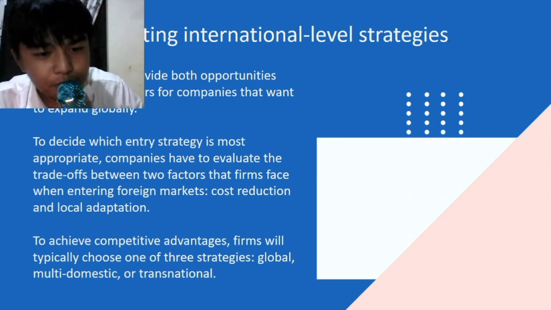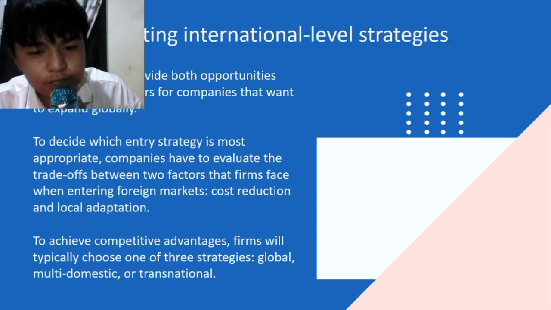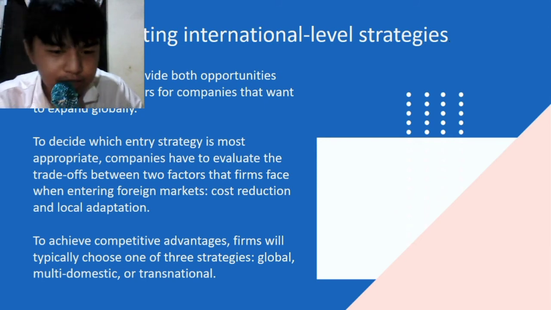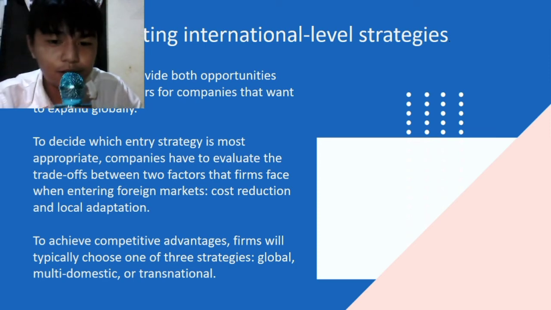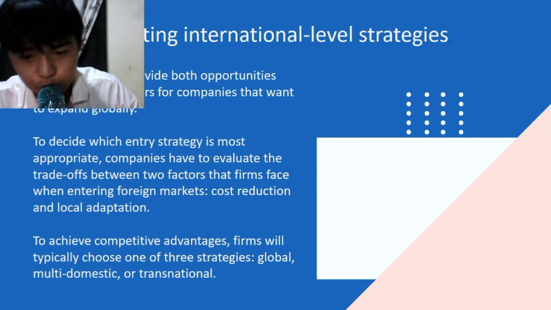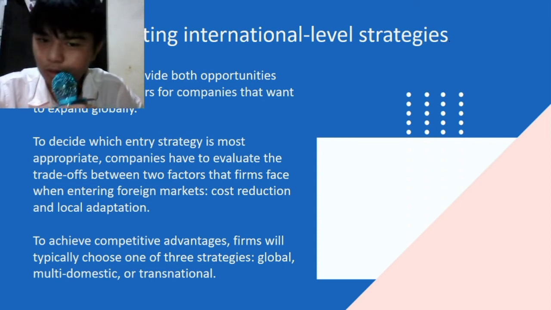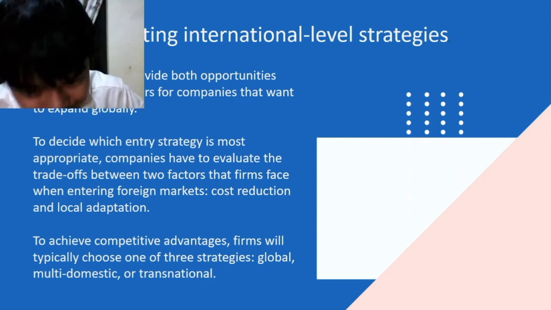To achieve competitive advantages, firms will typically choose one of the three strategies: global, multi-domestic, or transnational. So these are very different. Global is the largest term of all. It means the brand can be found almost all over the globe. Example, Amazon, Apple.